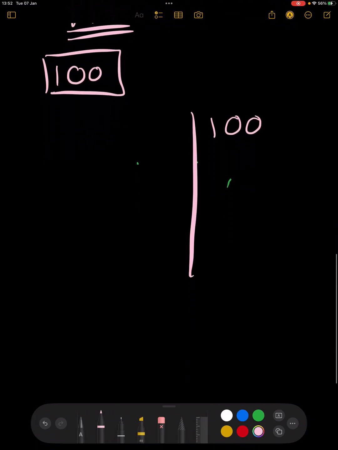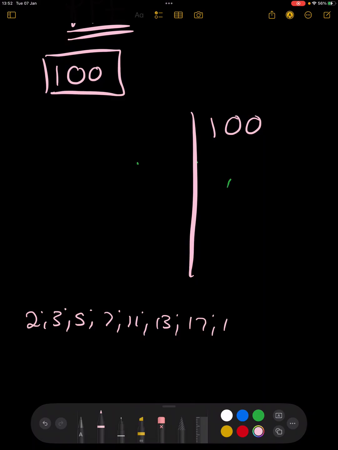So just to remind us, I'm going to write the most common ones here at the bottom. I like to take the biggest prime number that I can see here to go into 100 just to make the process go a little bit quicker. The largest prime number I can see here would be 5. And 5 divides into 100 20 times.